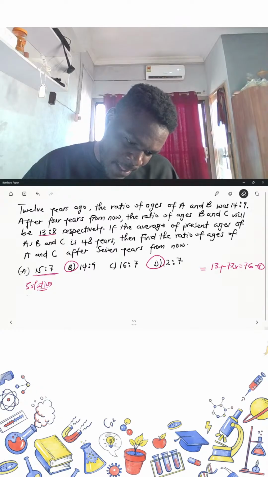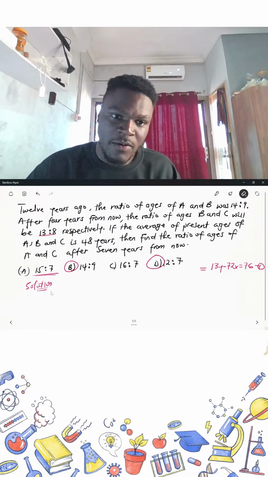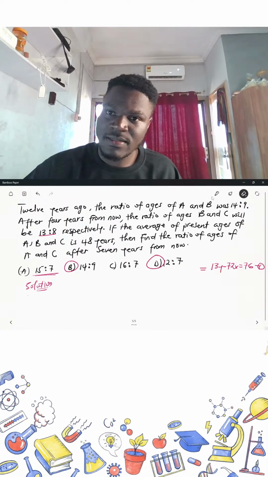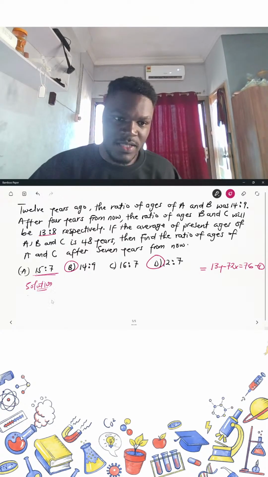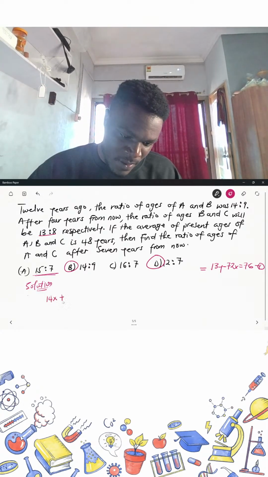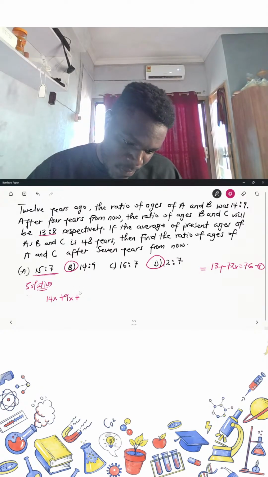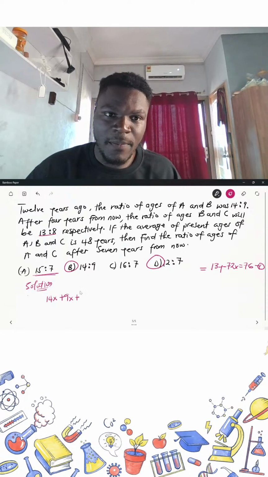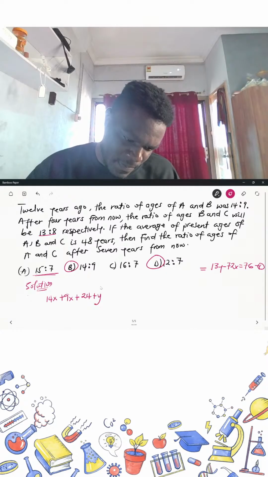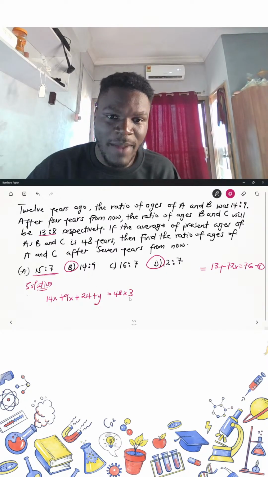From there, the next thing we have is if we add the 14x, which is 12 years ago, plus the 9x plus 24 plus y, that is the C, we are getting 48 multiplied by 3.